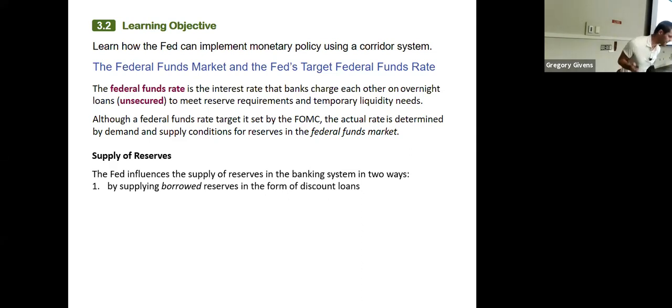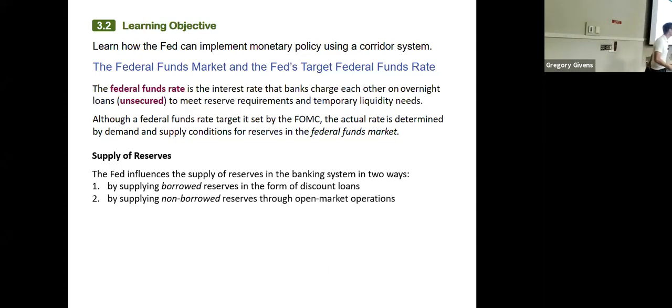Now, the Fed can supply bank reserves to the banking system in one of two ways. Either by providing bank reserves to banks in the form of discount loans, right? We call those borrowed reserves because banks are borrowing the reserves from the Fed temporarily. More importantly, though, the Fed can supply reserves to the banking system through open market operations.